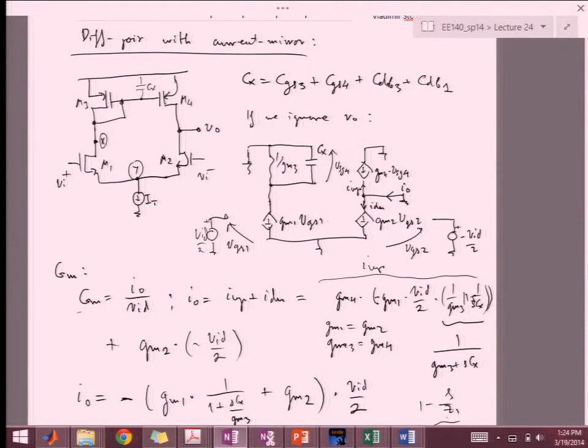You can look at this, or you can look at this piece over here and tell me. If I'm just looking for one pole, what do I do? How many capacitors do I have in this circuit? Only one right now that I drew, right? So what does that capacitor see in terms of the resistance?